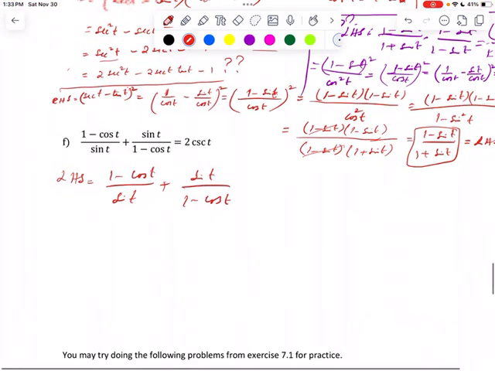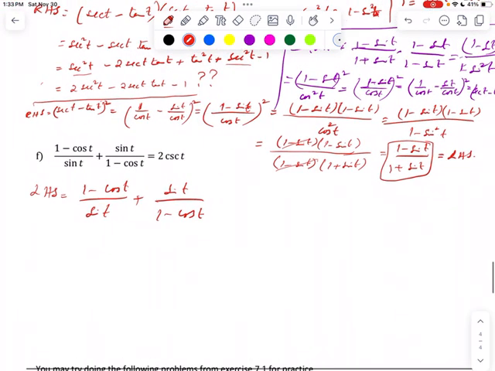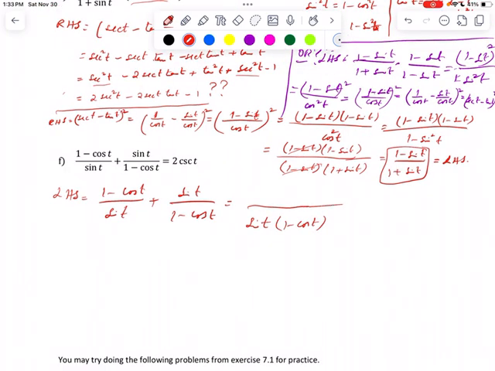So here if I do the common denominator, sine of t into 1 minus cosine of t, and then on the top we get 1 minus cosine of t whole squared plus sine square t, because the top here will become sine of t times sine of t.